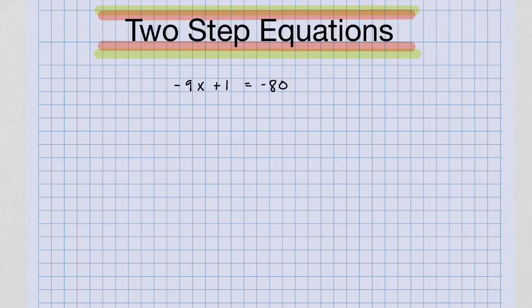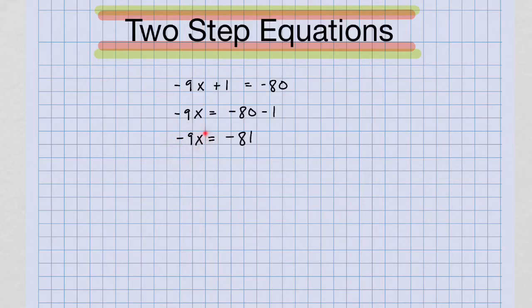All right, negative 9x plus 1 equals negative 80. To get this variable x by itself, first we need to subtract 1 from both sides. So now we have negative 9x equals negative 80 minus 1, or negative 9x equals negative 81. Now x is being multiplied by negative 9.